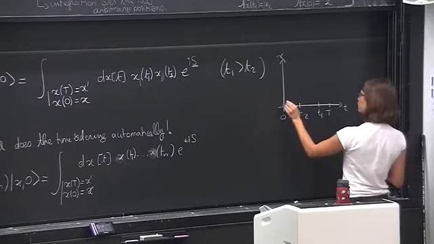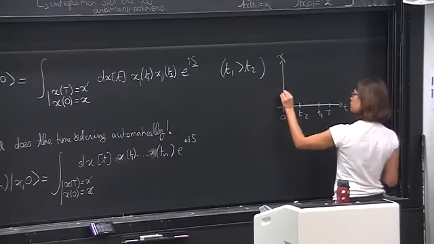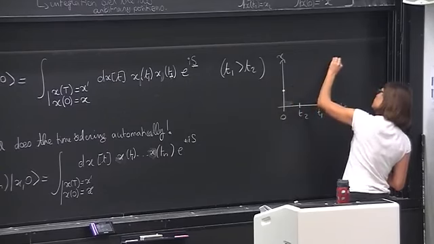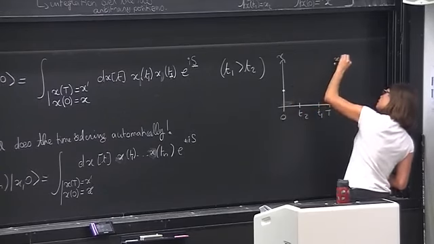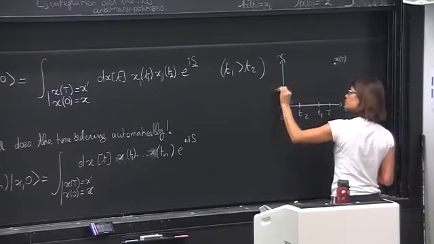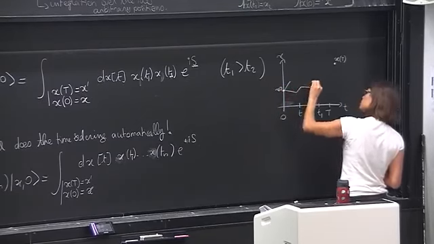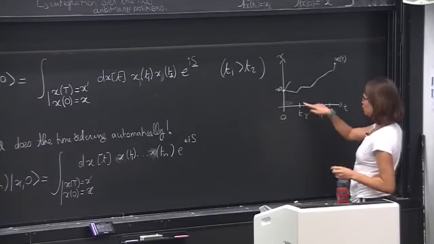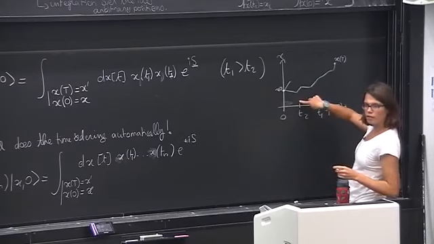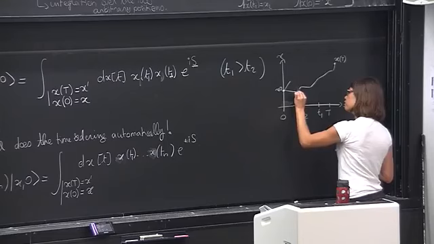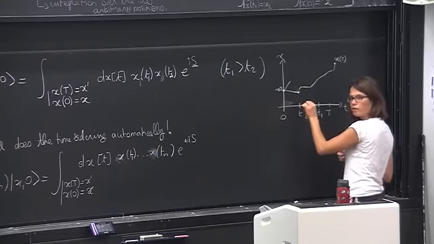Instead of looking at all possible paths starting from x0 to xt, we were looking at an intermediate time. But at this intermediate time, the value is arbitrary, okay?